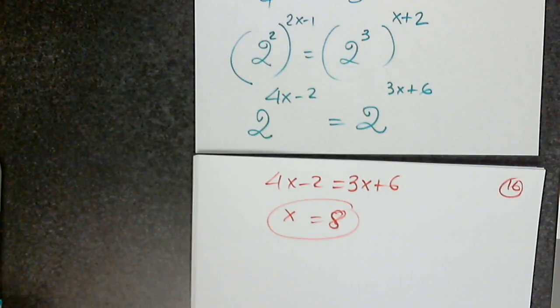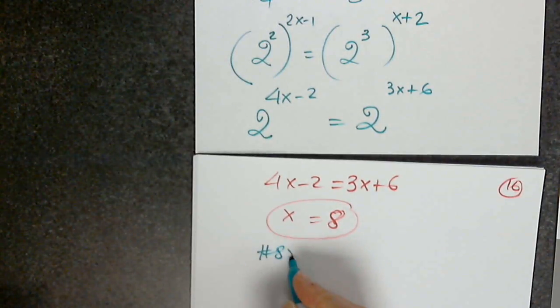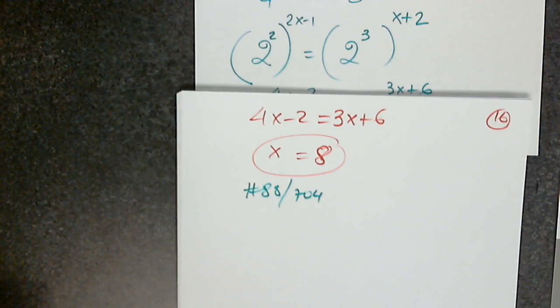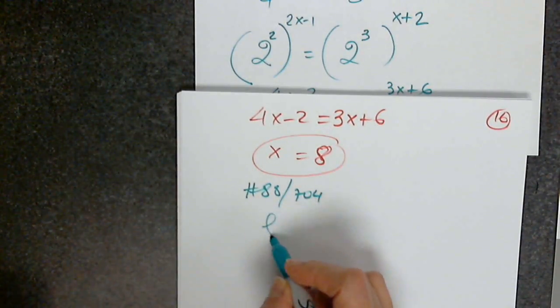Okay, let's say number 88 on page 704. Methane is a gas produced by landfills, natural gas systems, and coal mining, and contributes to the greenhouse effect and global warming. Projected methane emissions in the United States can be modeled by a quadratic function.